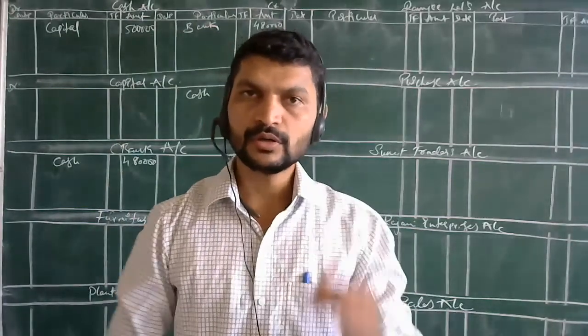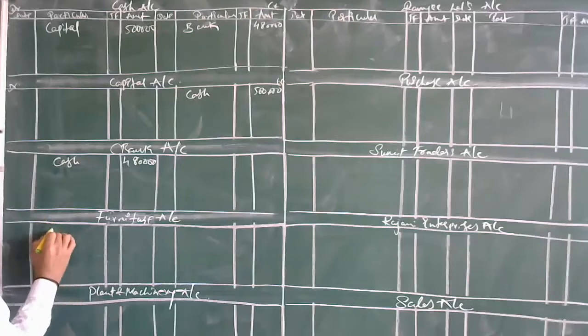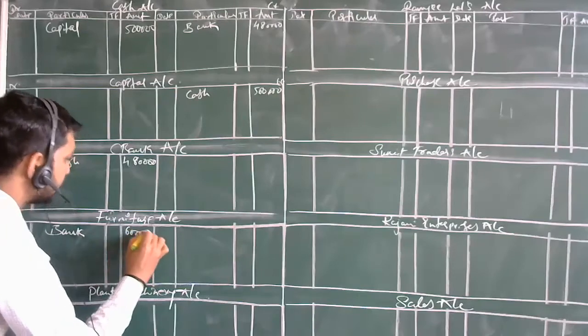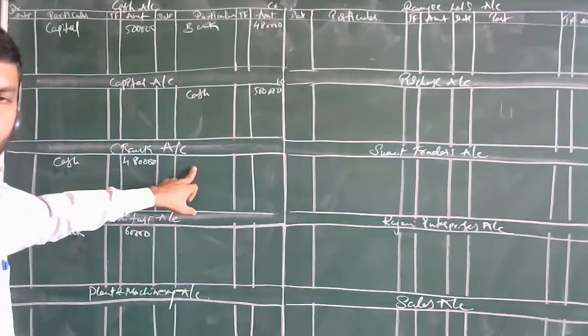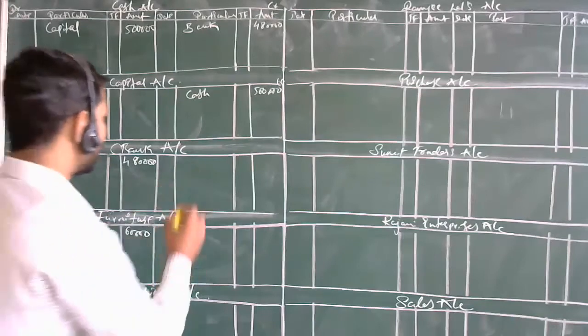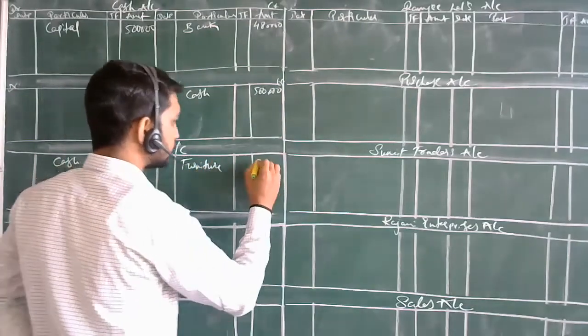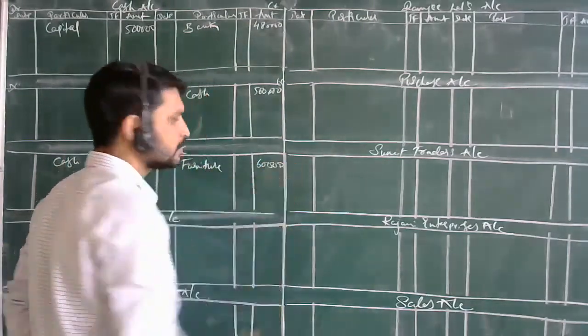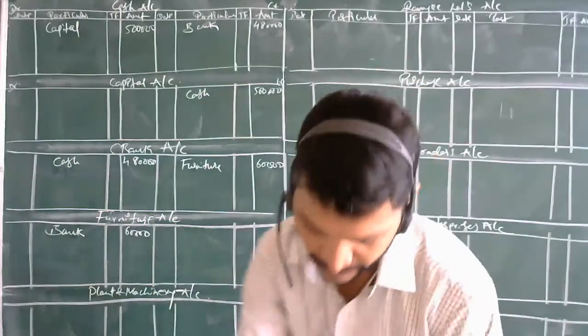Furniture account is debited by bank, 60,000. Then bank account should be credited here, so here it will be furniture, 60,000. Why? Because you are paying from the bank. So this is the next journal entry.